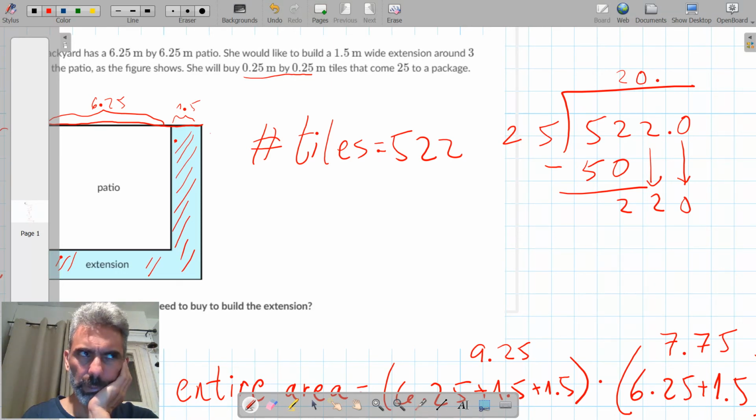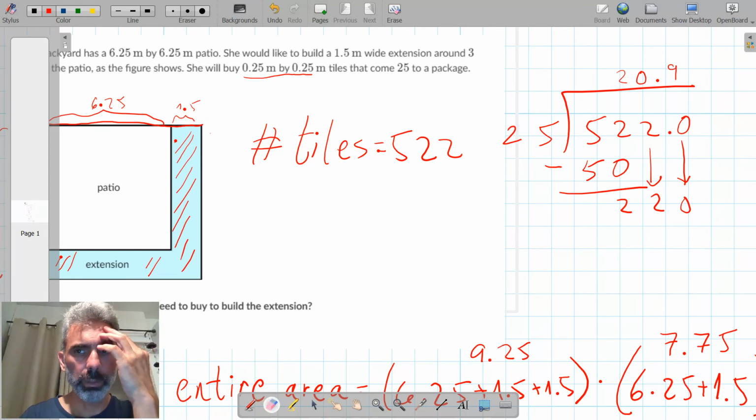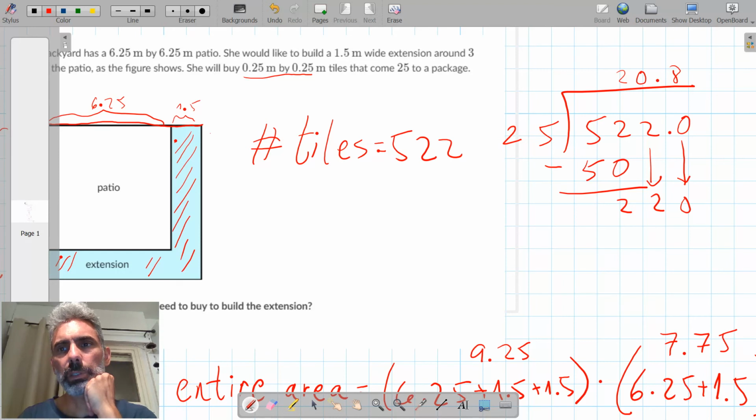Four times? No. 10 times? No, 9. 9 times 20 is 180, and 45, so it's too much, so it's 8. 8 times 20 is 160, 8 times 5 is 40. 8 times 2 is 16, plus 4 is 20.